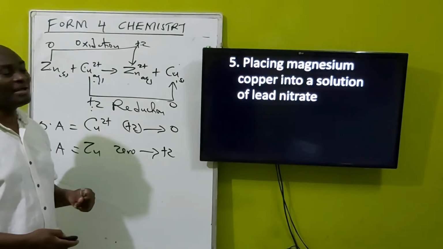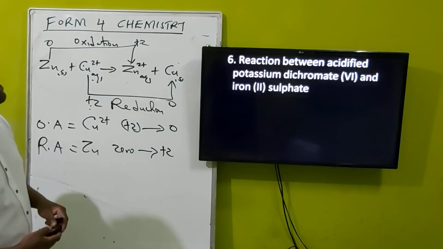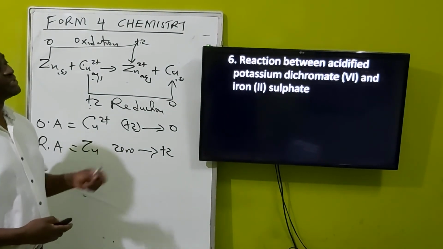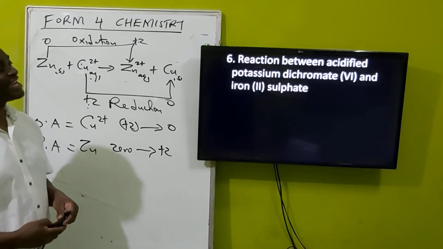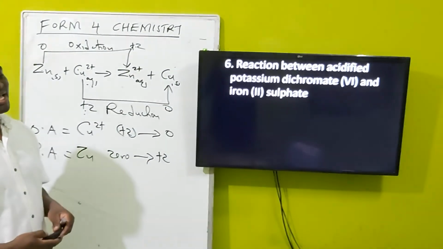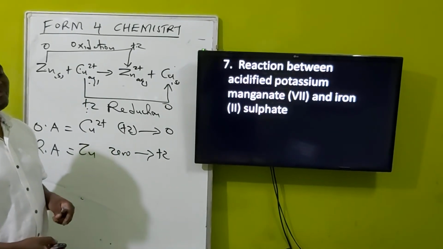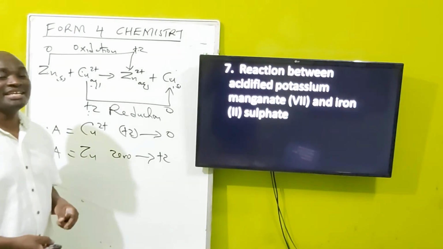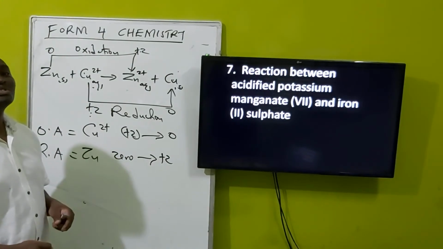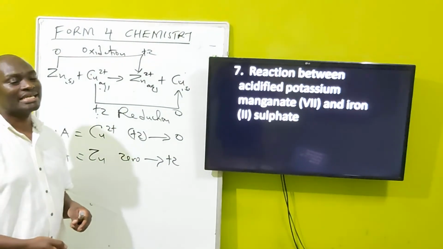That is a typing error. But then the reaction between acidified potassium dichromate 6 and iron 2 sulfates. And then the reaction between acidified potassium manganate 7 and iron 2 sulfates.